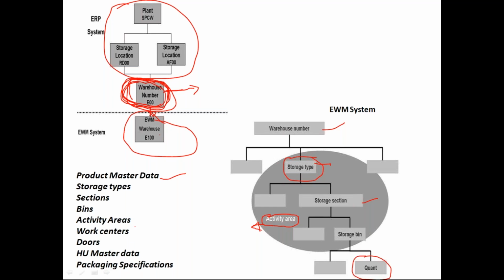I'll take a simple example, in case you already have experience in WM. Say, for example, I wanted to perform a cycle count. Cycle count is always material specific. I'll categorize materials based on A, B, C classification, or you can have other classifications, till D also. Now let's say I wanted to execute a cycle count for an A class material, material number 100.